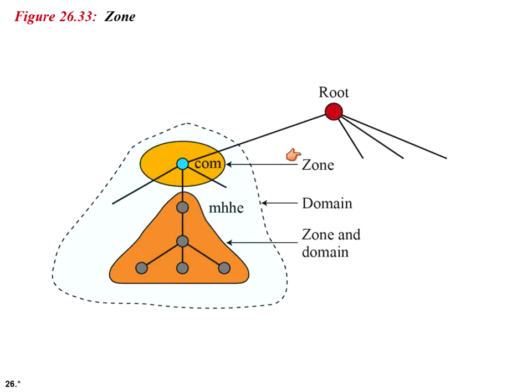The information about the nodes in the subdomains is stored in the servers at the lower levels, with the original server keeping some sort of reference to these lower level servers. So the original server does not free itself from the responsibility totally. It still has a zone, but the detailed information is kept by the lower level servers.